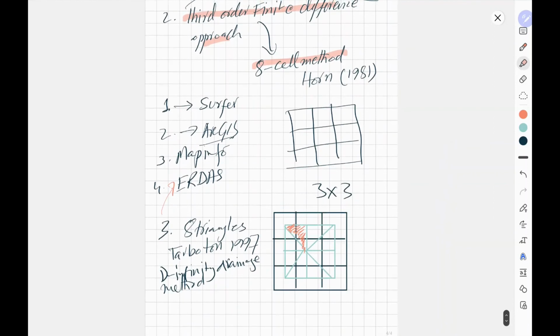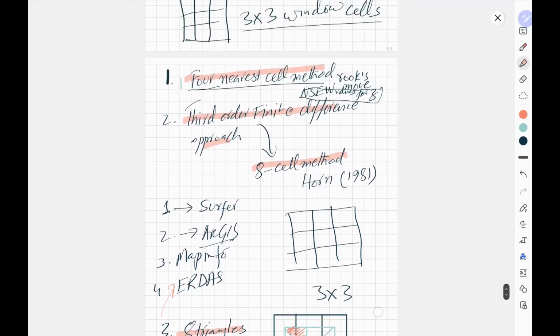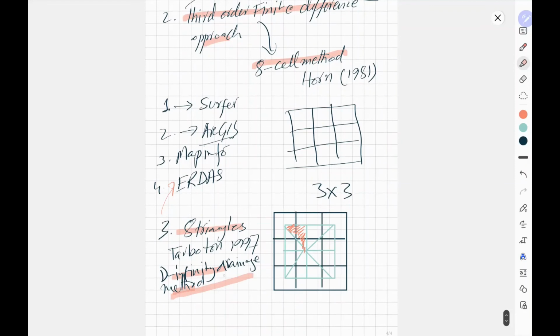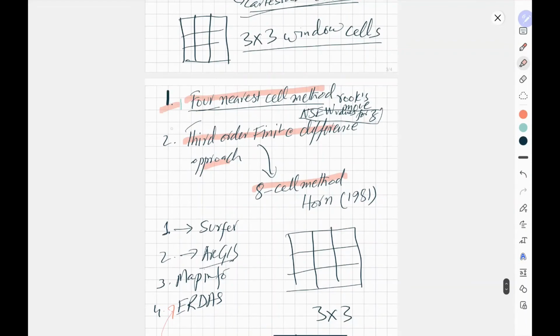There is also another method used by Map Info, based on 8 triangles, used in the D-infinity drainage method. This one requires more detail, so I will stick with the first two.